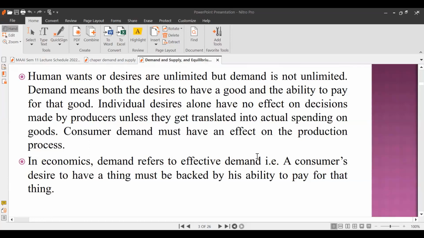Not only enough to make a demand, to make the effective demand. With the desires, you should have the ability to purchase. Ability to purchase. So in one aspect, there should be a real purpose, real want, or real need, as well as purchasing power to have an effective demand.